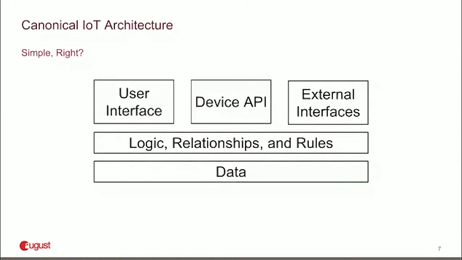Underneath all of that are your typical logic, relationships, and rules. These things are in places. There are people who have access to those things. They're basically grouped. And all of those operations are done based on data, and data is coming in and out of the system all the time. So it's pretty simple from this level.